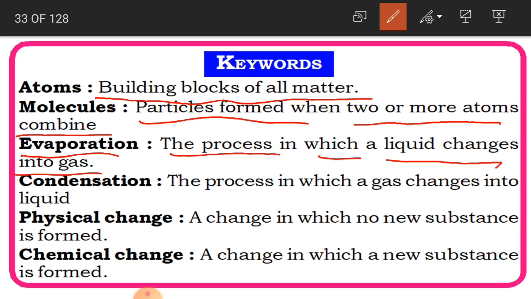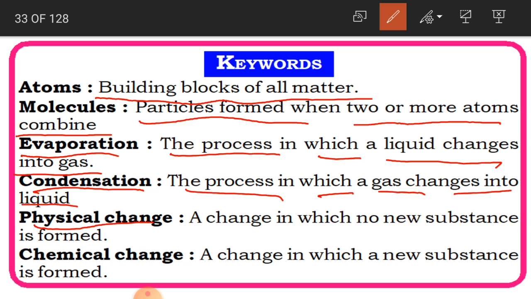Condensation is the process in which a gas changes into liquid. Like if you keep ice cubes in a glass, you can see the surface of the glass getting vapor. That is known as condensation, where the gas changes into liquid form.